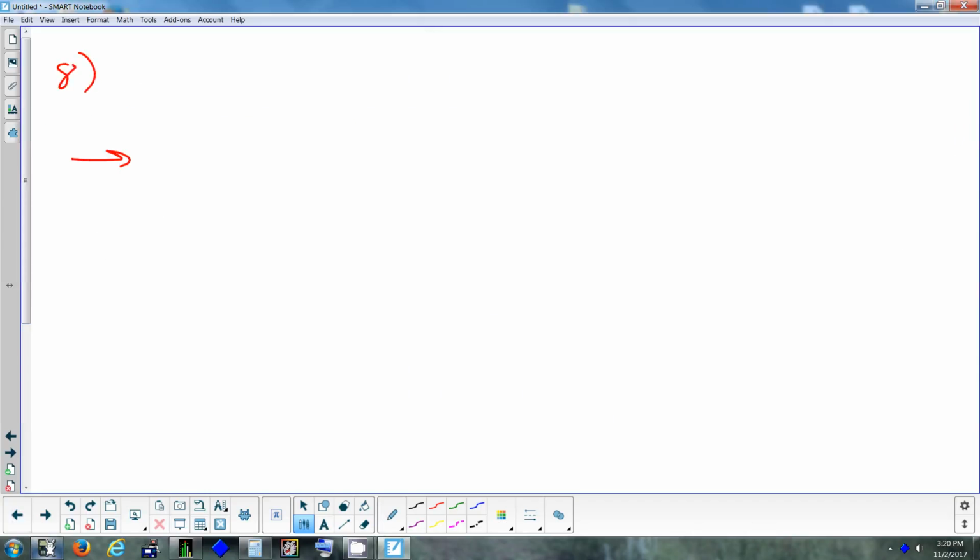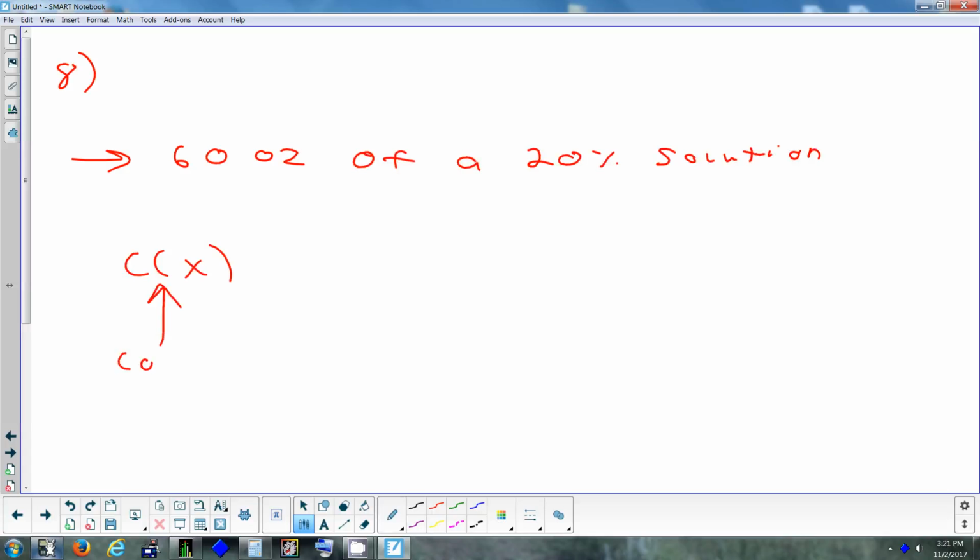So let's just say you have 60 ounces of a 20% solution. I want to find a formula for C of x where this is the concentration. What I'm going to do to that solution is add pure acid to it, some unknown amount. So let's add x ounces of acid.